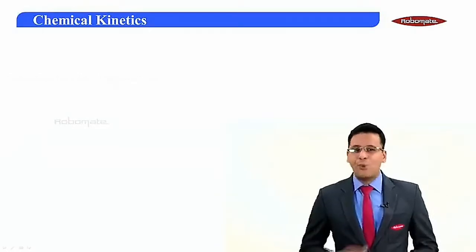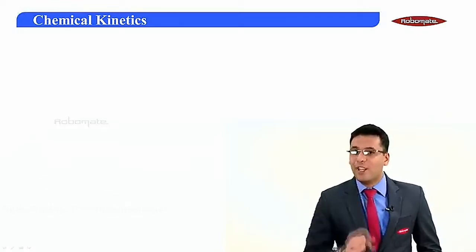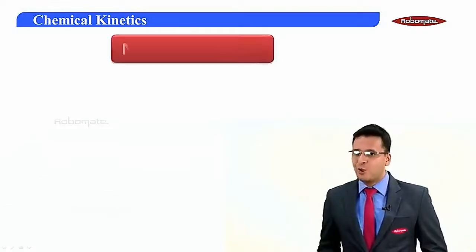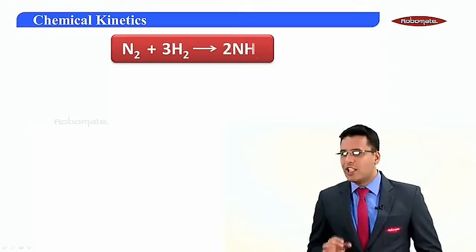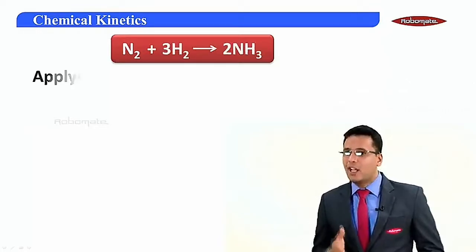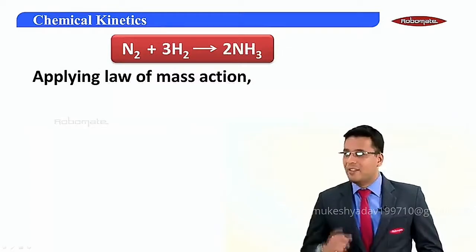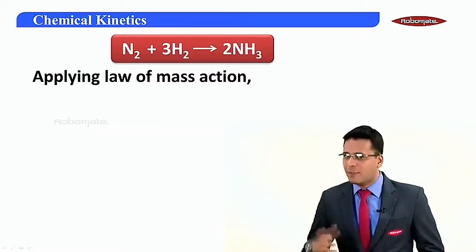For that, I want you to consider the equation for formation of ammonia, that is N2 plus 3H2 giving 2NH3. If I apply law of mass action on this equation right here, we have already studied law of mass action, so let's apply it here.